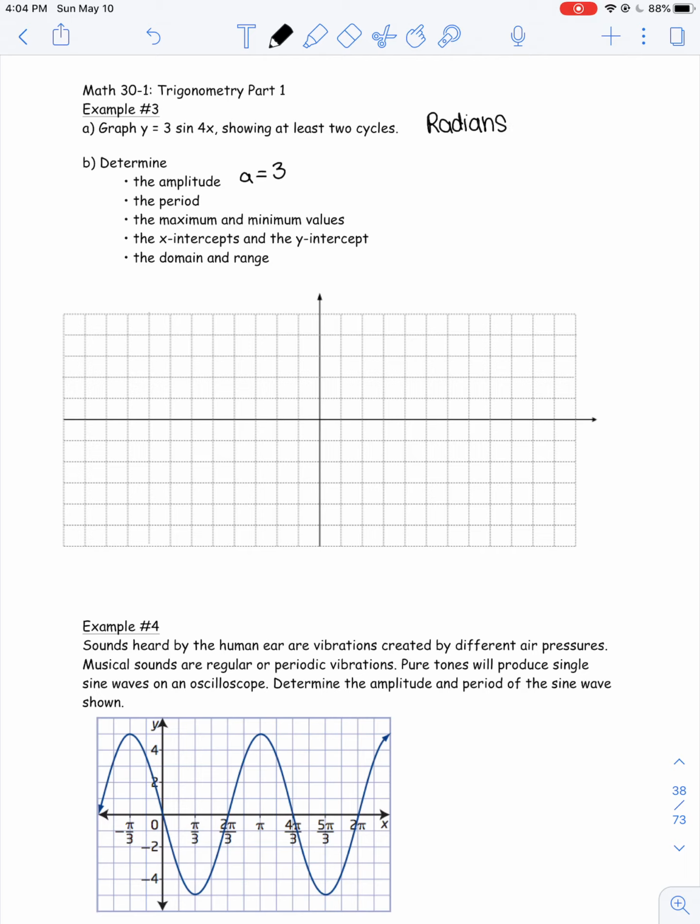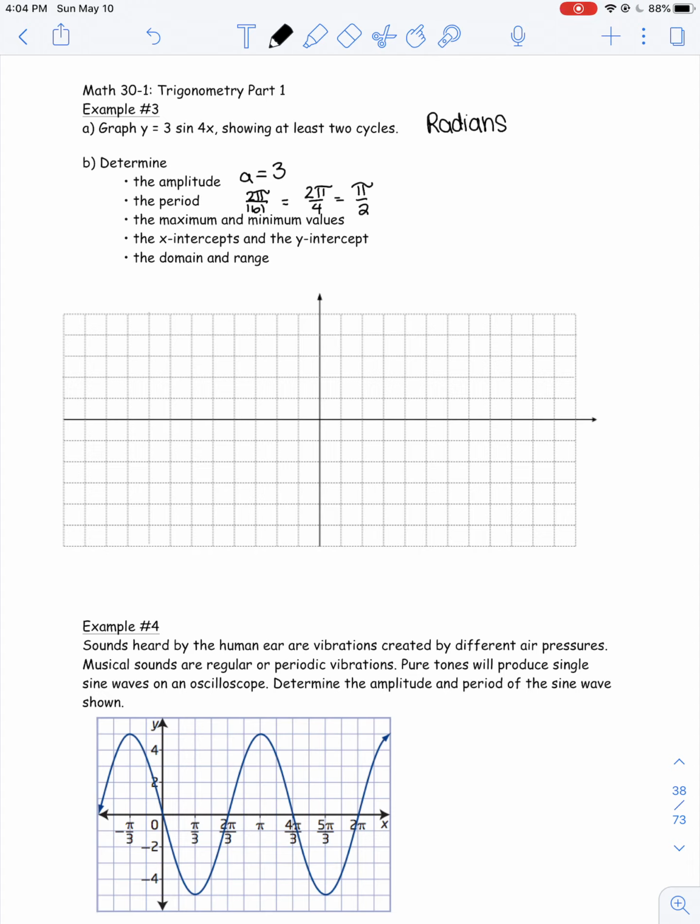just to practice that. So our period is always equal to 2 pi divided by the absolute value of b, which is 2 pi divided by 4. So that would be pi over 2. And that would be 90 degrees if you were in degree mode.